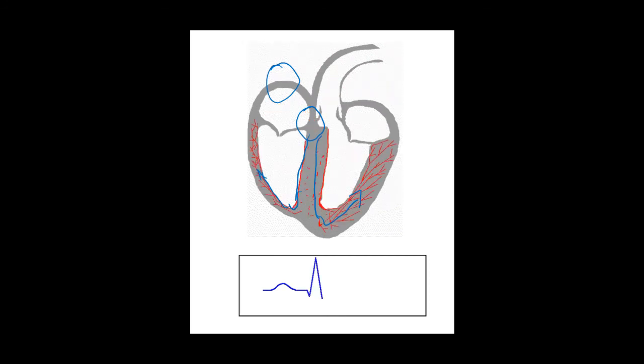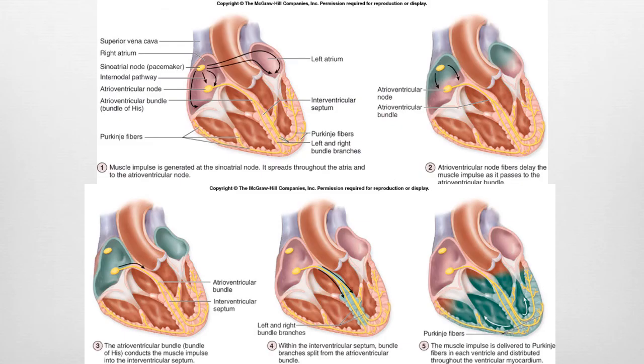We can mirror that contraction by looking at an EKG. The EKG can show us those contractions and how they're occurring at the same time as the electrical activity is being monitored. So we start out with the SA node firing. That SA node, all the green there, travels across the atrium, across to the other side.